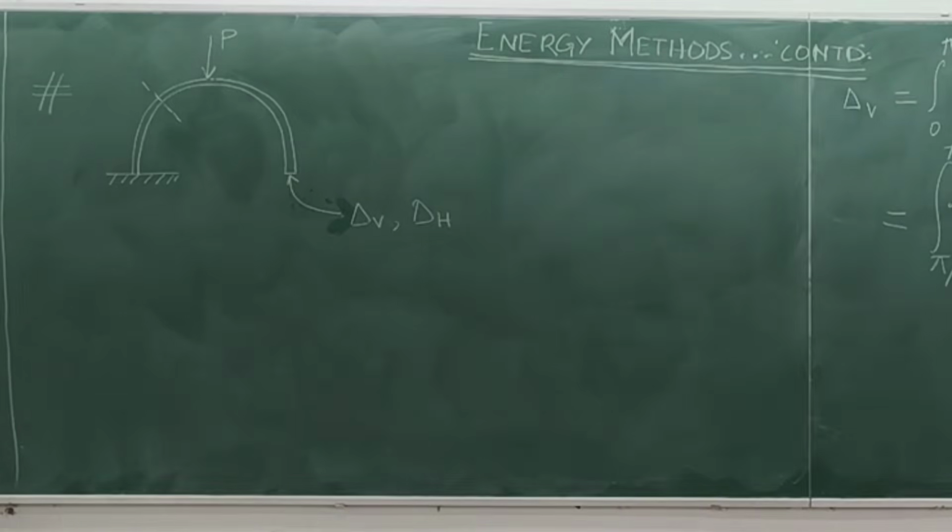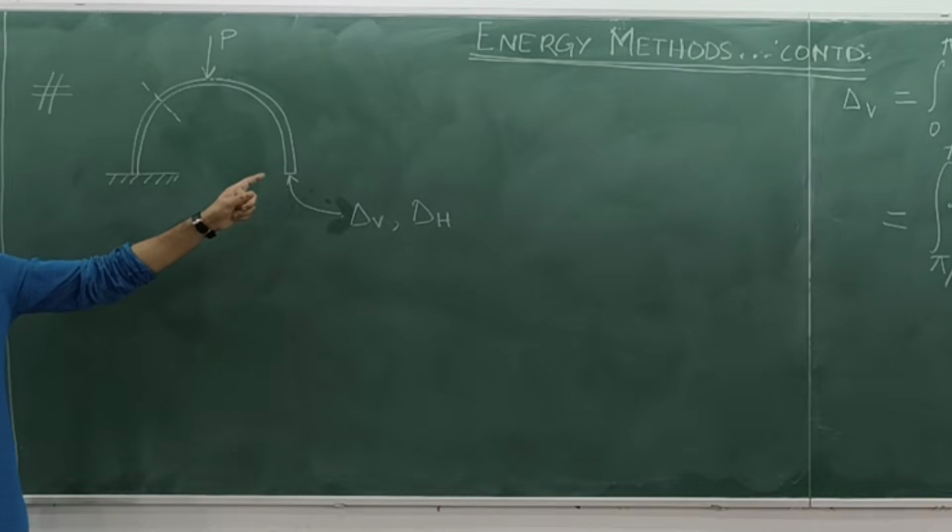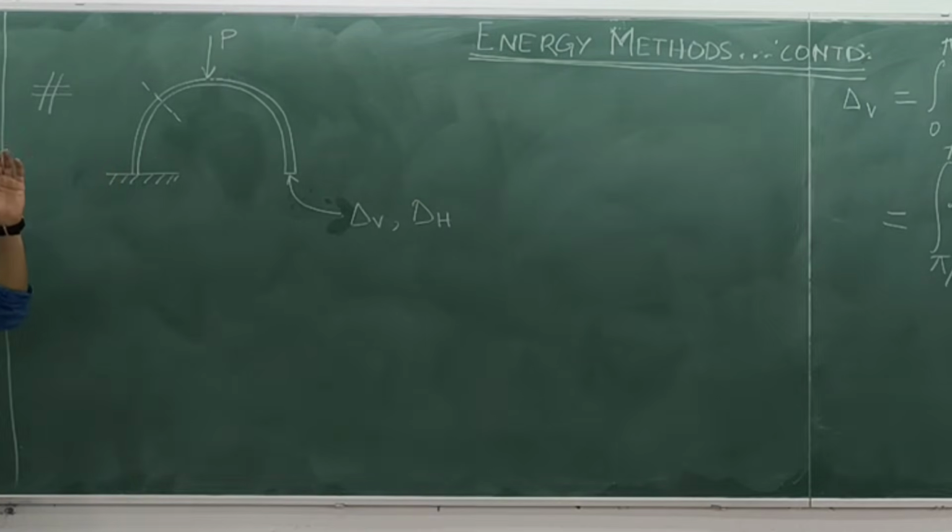This is a very, very important question. What will you do now? At the location where the deflections are desired, do you have any point forces? This is the first question which you ask yourself.